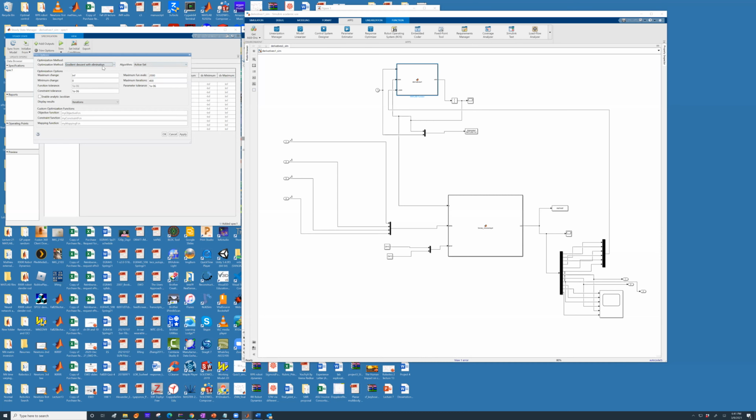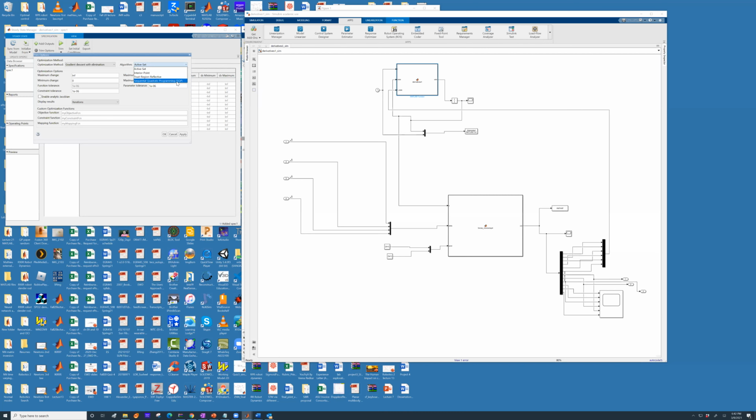Please note, depending upon what optimization method and algorithm you choose, your answers are going to be different. Some optimization methods and algorithms may give you an answer, others may not. That is just the way optimization works.